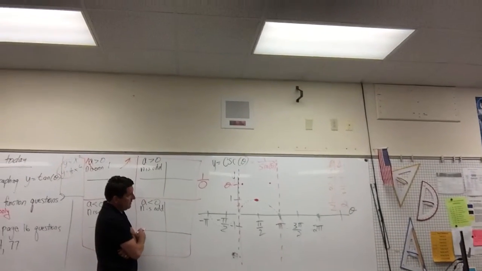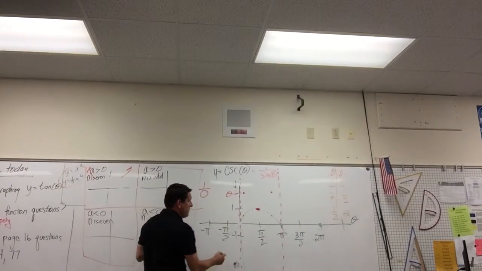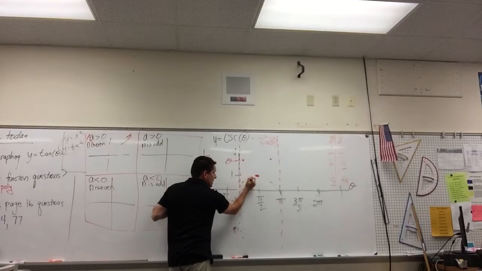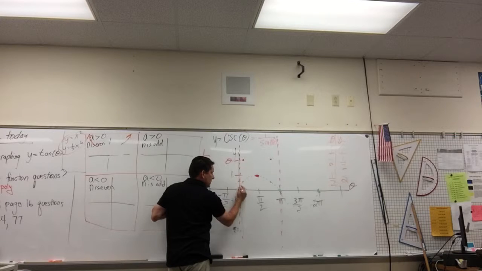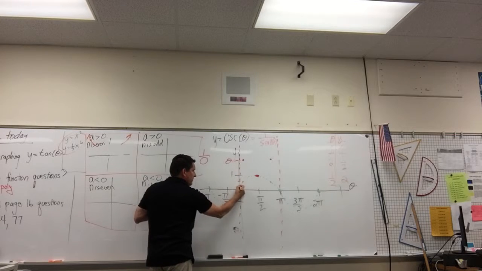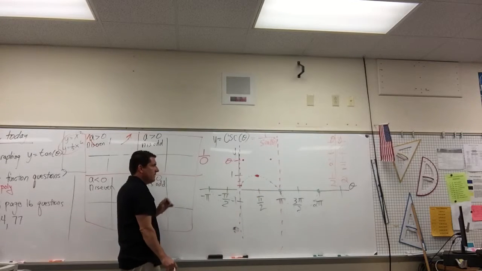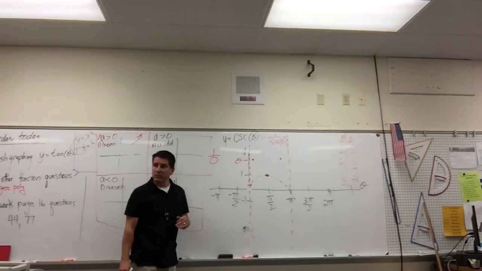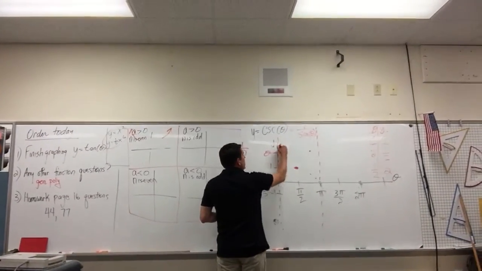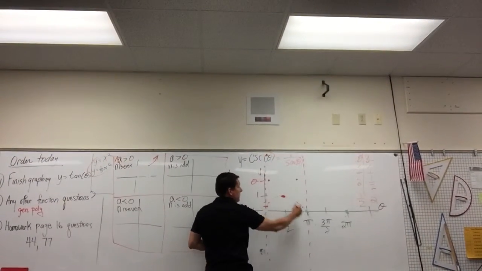So, I don't have much to go off of here, so I'm going to pick some other ones. This is 1, so I'm going to go closer to here. What's 1/4? I've got a value of 1/4 here and a value of 1/4 here as a height on the sine function. Reciprocal of those? 4. So that's why it's 1, 2, 3, 4, so I'm way up here.